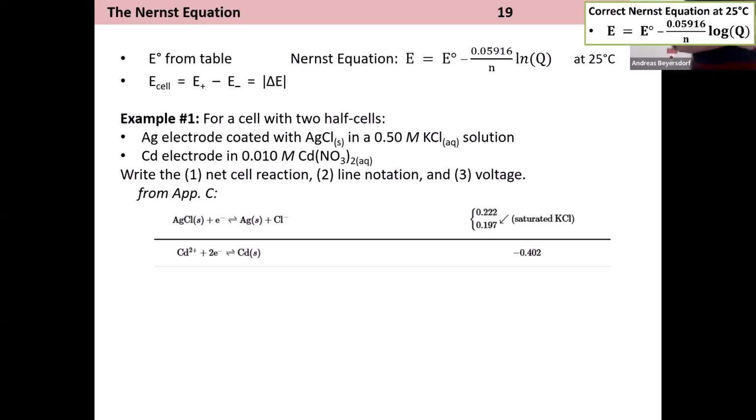I know because I say it's 0.5 molar KCl and it's 0.01 molar cadmium. So I need to include those into my line notation.